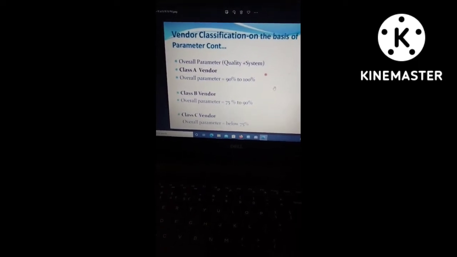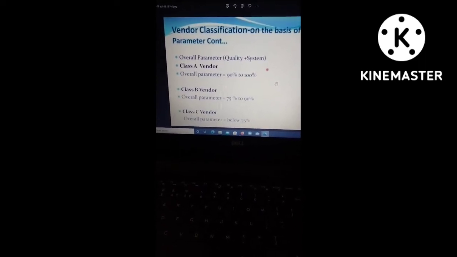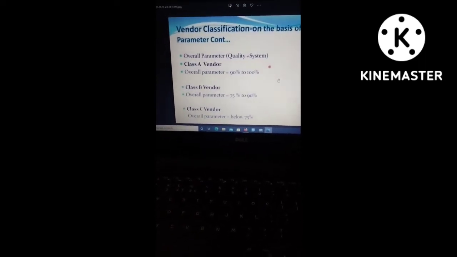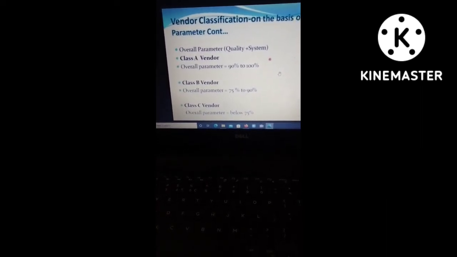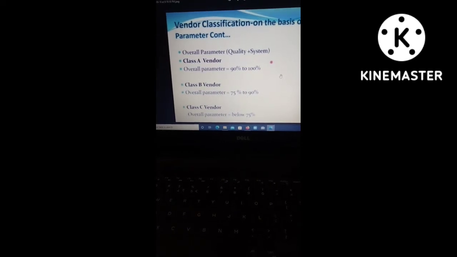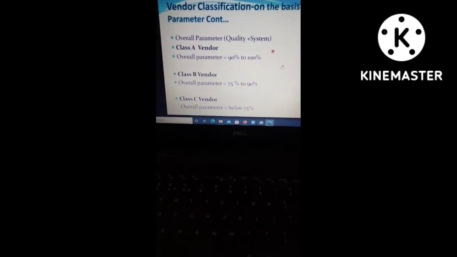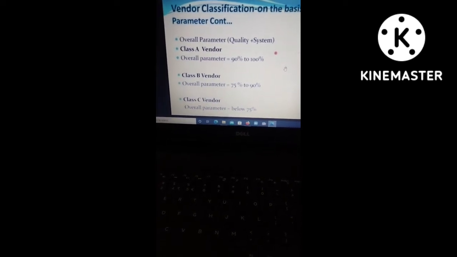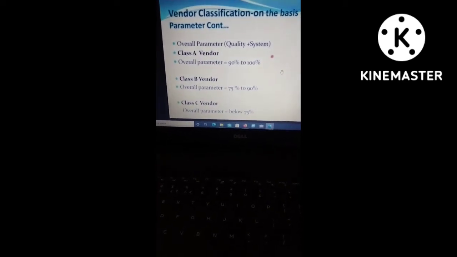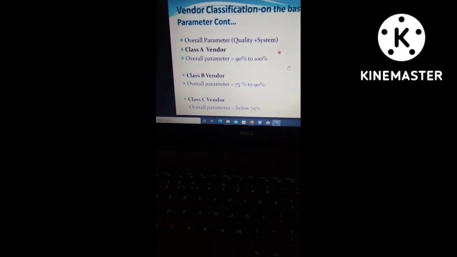Now we see vendor qualification on the basis of the parameter. For the overall parameter, the combination of both quality and system, if the range is between 90 to 100%, then it should be considered a class A vendor. Based on the quality and the system, vendors are classified into 3 classes: class A vendor, class B vendor, class C vendor.